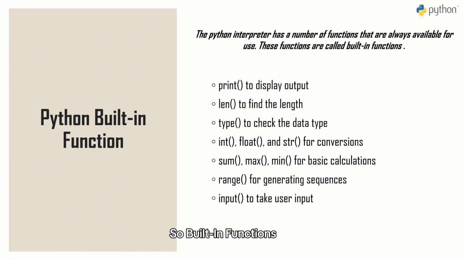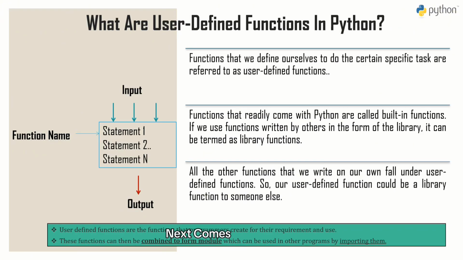So built-in functions are predefined functions. We don't have to write the code for them. They are already defined in Python. Next comes user-defined functions. As the name indicates, user-defined function in Python means as a user I will define my own function with my own function name.